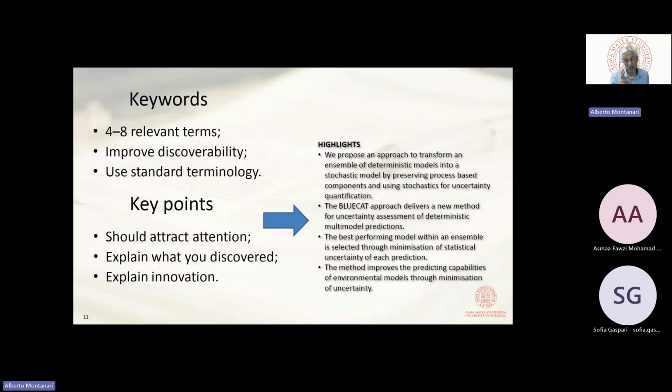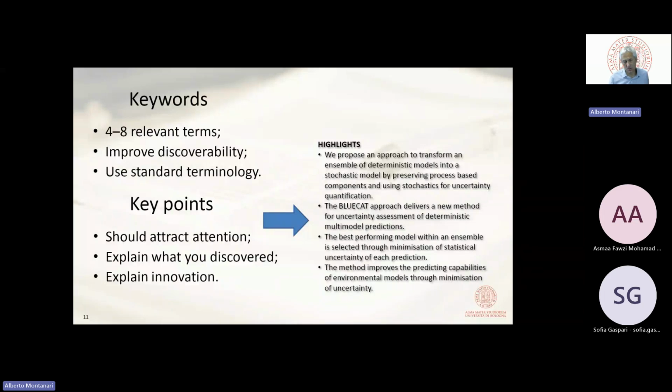So they are not really important for the reader. They are just used to improve discoverability. And it's better to use standard terminology. Some scientific associations provide lists of keywords.